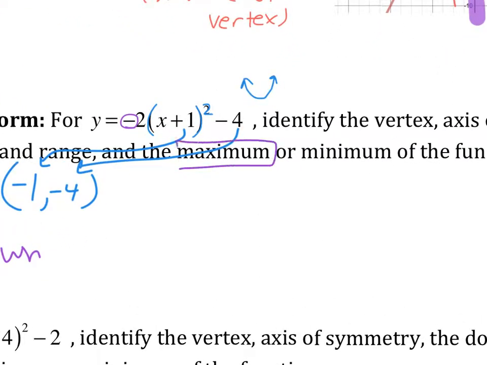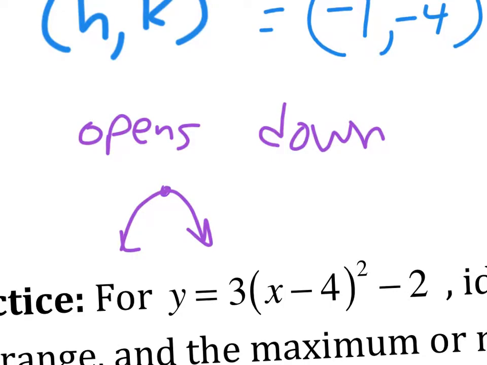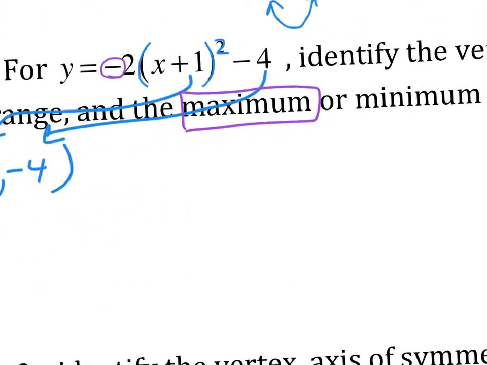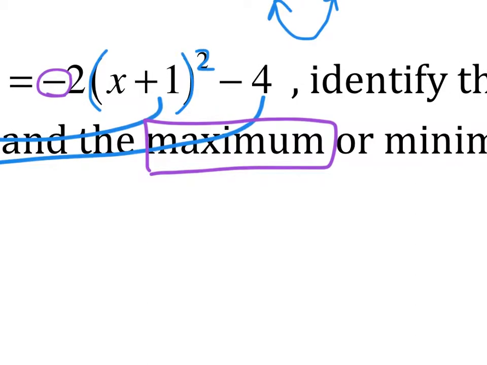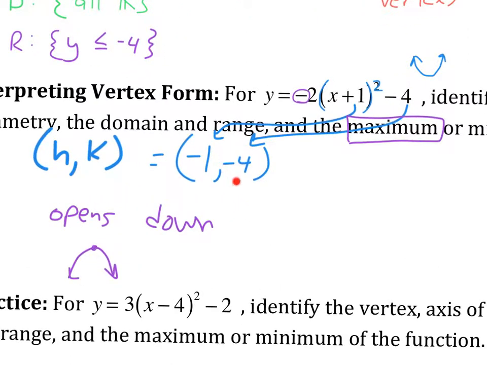Why do I know my vertex is a maximum? So what do we see? We see that my maximum, what's the highest the function ever gets? Well, the highest the function ever gets is right here. It gets to -4. It goes up, up, up, and at -4, it starts to drop back down again.